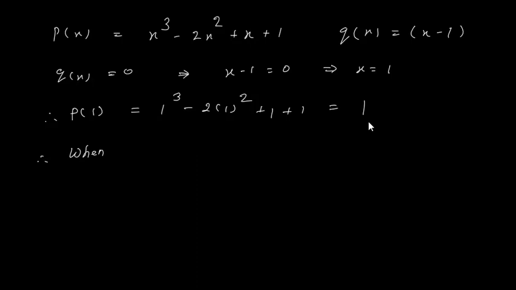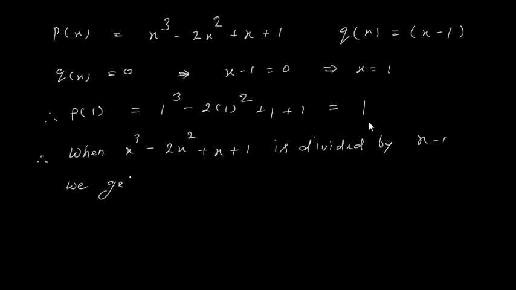Therefore, when x cube minus 2x square plus x plus 1 is divided by x minus 1, we get remainder equal to 1. So this is our remainder theorem.